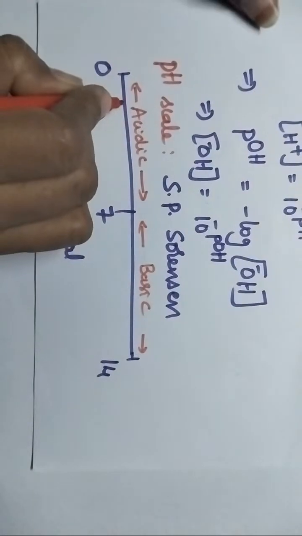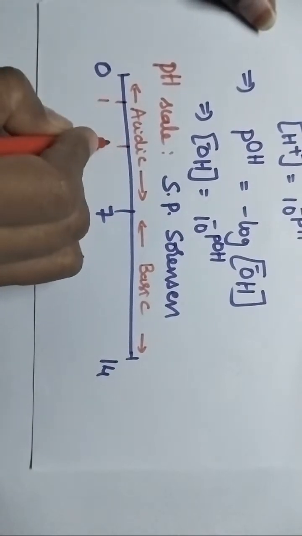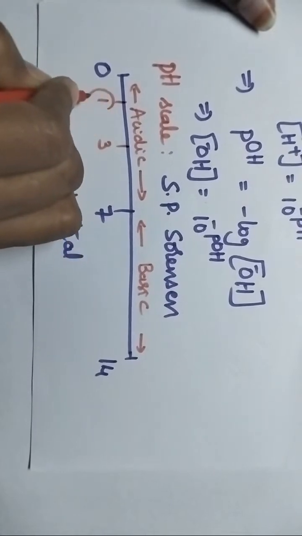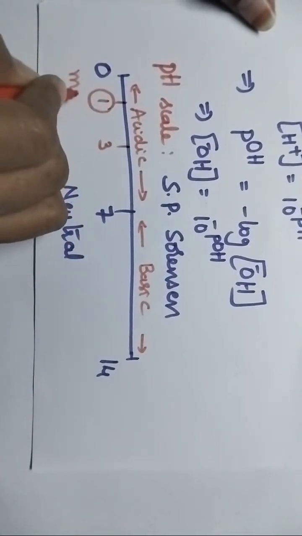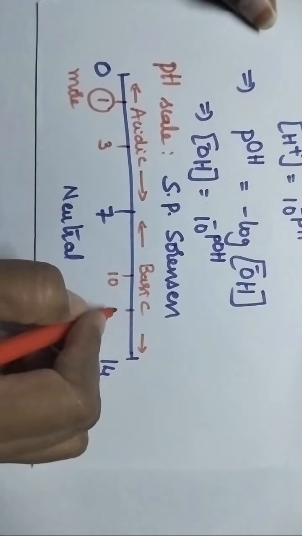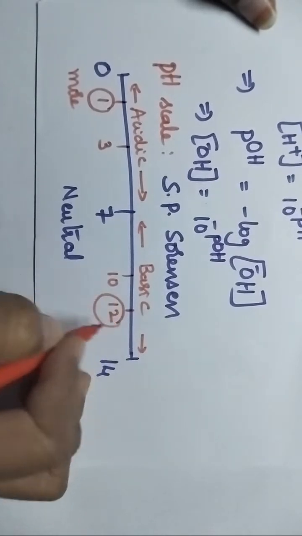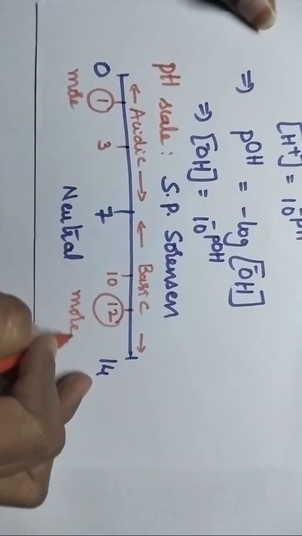Let us consider two solutions which are acidic in nature with pH 1 and 3. Then the solution with pH 1 is more acidic. Similarly, if we consider two different solutions in basic media, the solution with high pH value is more basic.